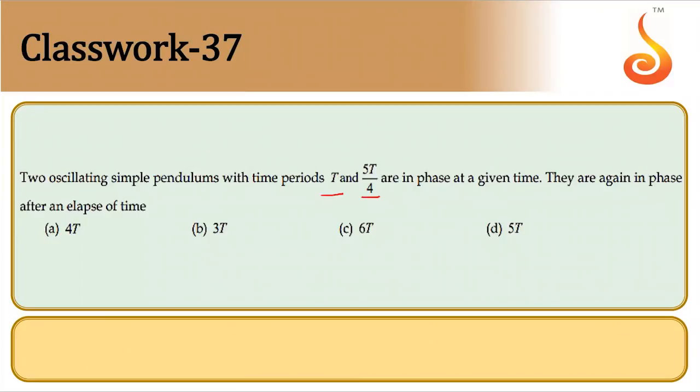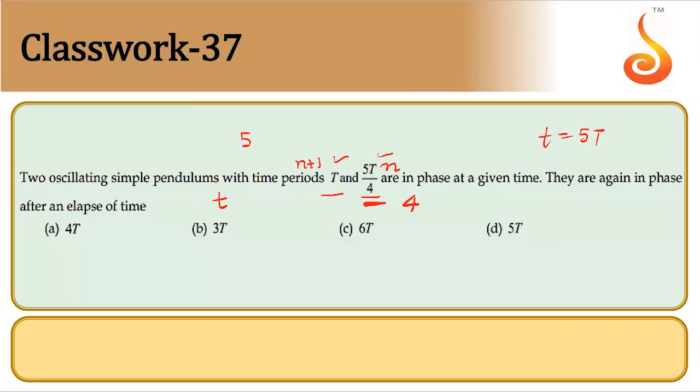The time period of oscillation of the second one is greater than that of the first one. Let us say they come in phase after time t. So in that time, if this makes n oscillations, then the other will make n plus 1. By guesswork only you can make out: when the second one makes 4 oscillations, the time elapsed is 5t, and at the same time the first one will make 5 oscillations.